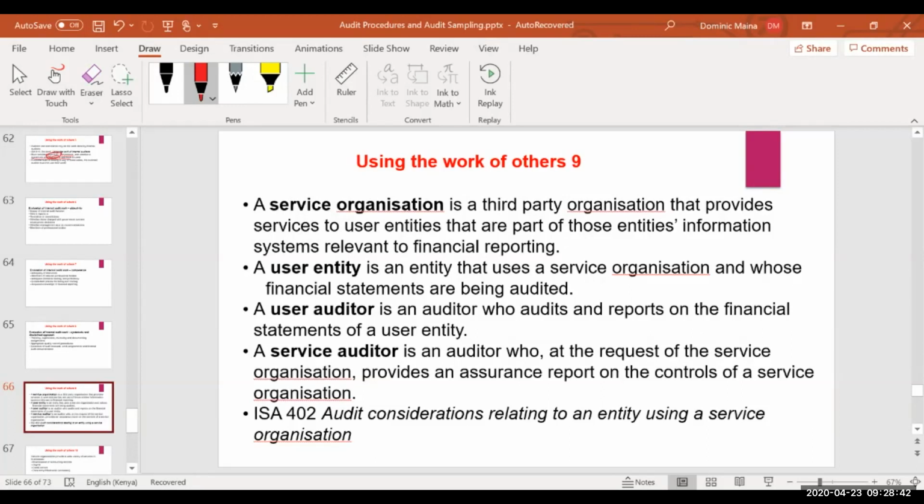As I've just given an example, if the company outsources the payroll department activities to a third party, the third party therefore becomes what is referred to as a service organization.